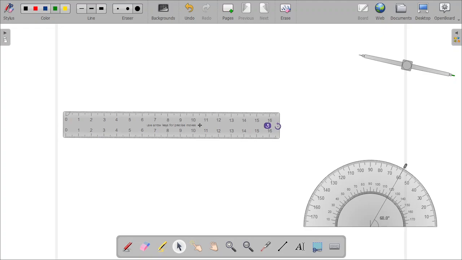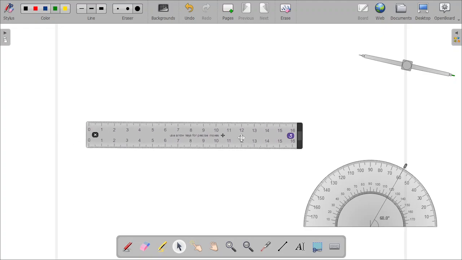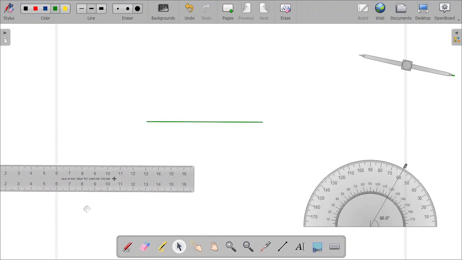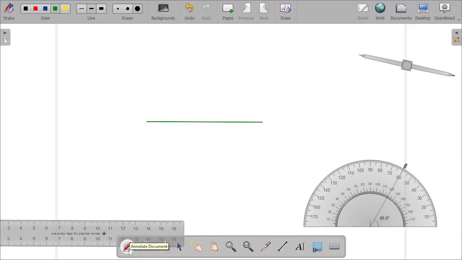So with your ruler positioned horizontally, then draw your horizontal line like this. Okay, so this is the horizontal line I've just drawn. Now let's name the line. Let's call the line AB.